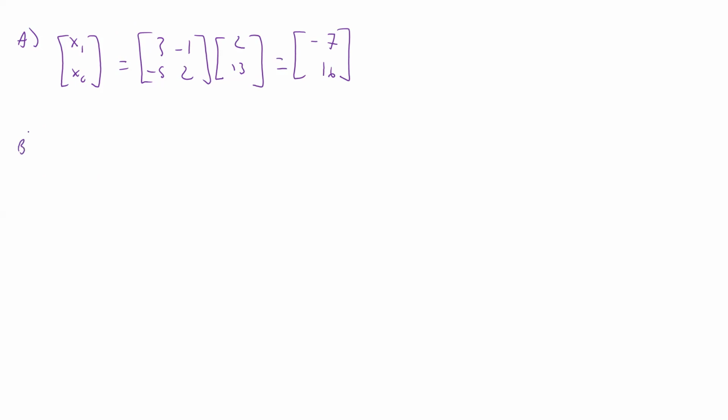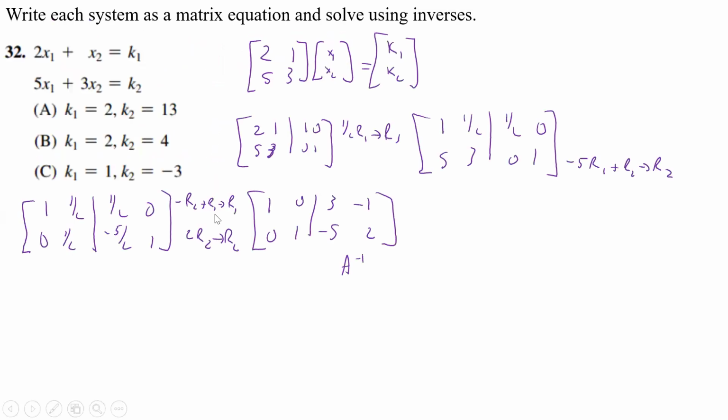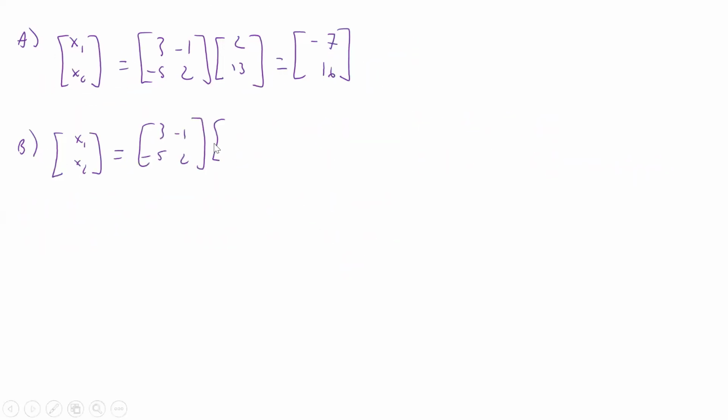Now B, the only thing different is my K1, K2, which now is 2, 4. So it's going to be 6 minus 4, which is 2, and -10 plus 8, so it's going to be -2.